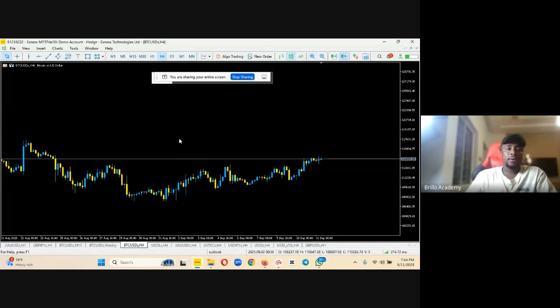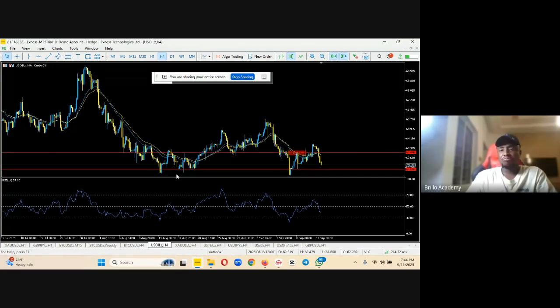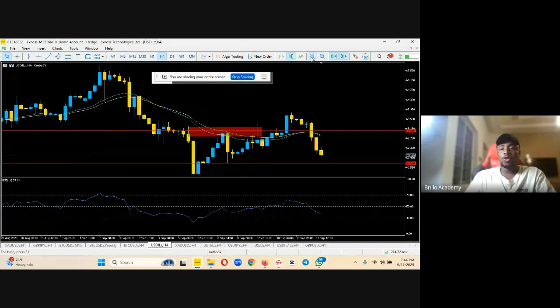Let me look at a perfect example after a liquidity sweep. Now the market was actually going up after a liquidity sweep. The formation of these two candles, this and this, is this a bearish inside bar or a bearish engulfing?